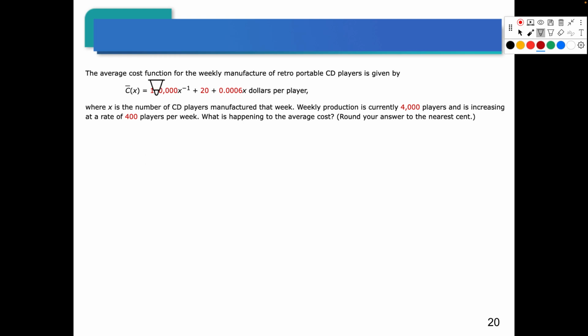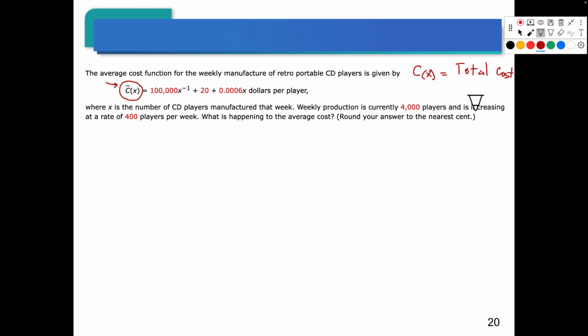In this one, they are giving us already the average cost function. And how do we know that? That little bar on top. If they give us C of x, that is the total cost function. If they want the average, that's what we divide by x. But this one, they've already done it for us.